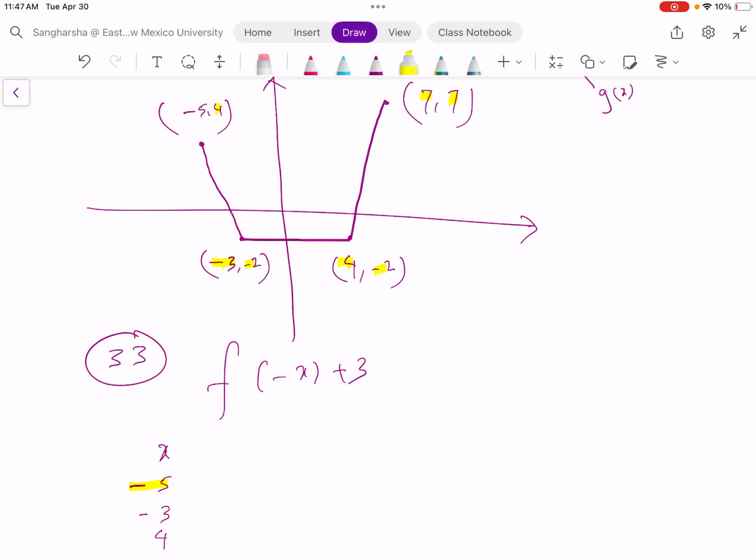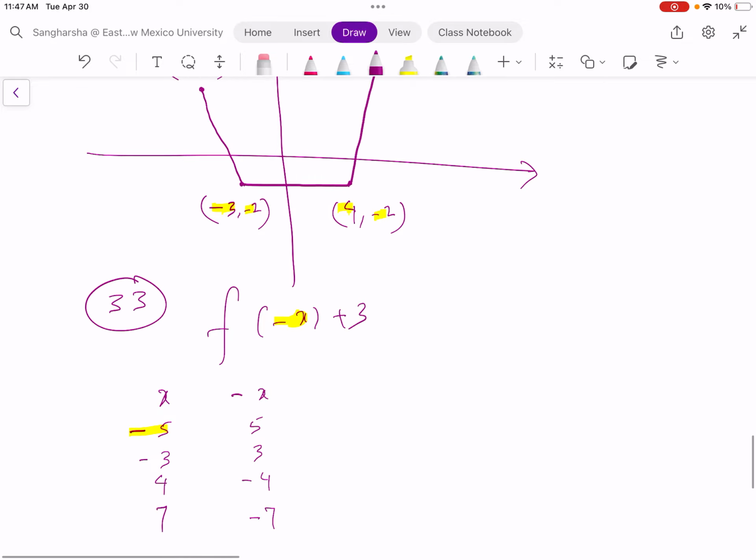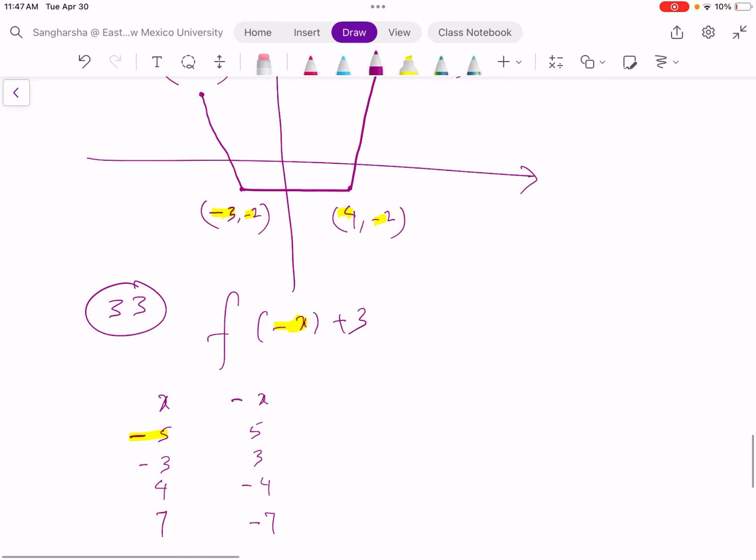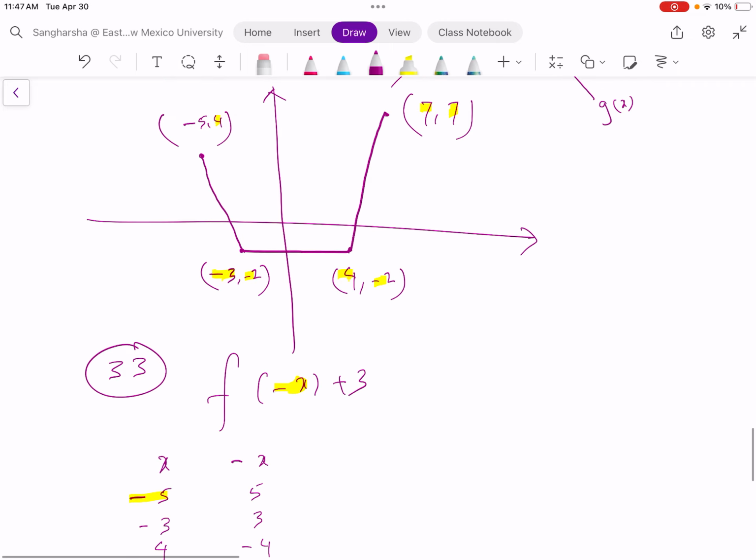Now what would be our output when your input is -x? Let's write down negative x here. Negative x is the negative of these numbers. So positive 5, positive 3, negative 4, negative 7. What happens when we choose our input to be negative x?